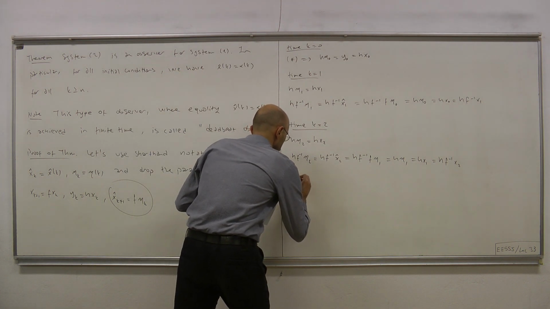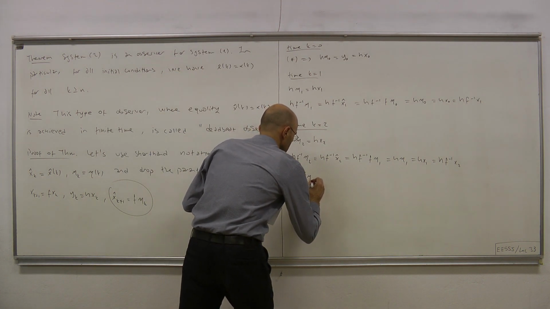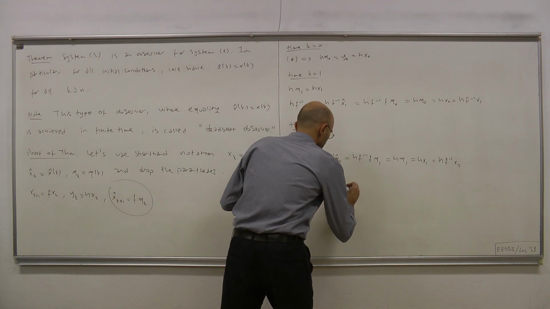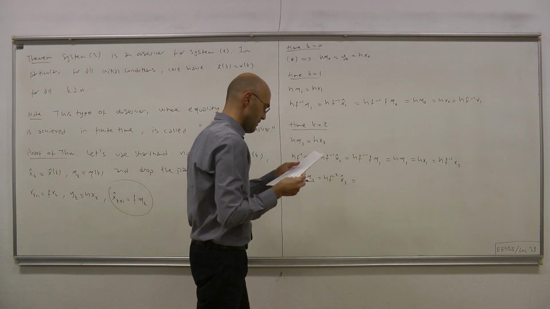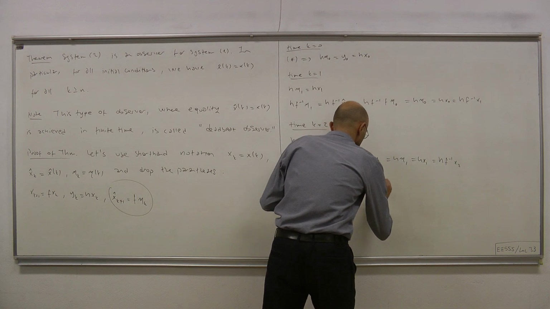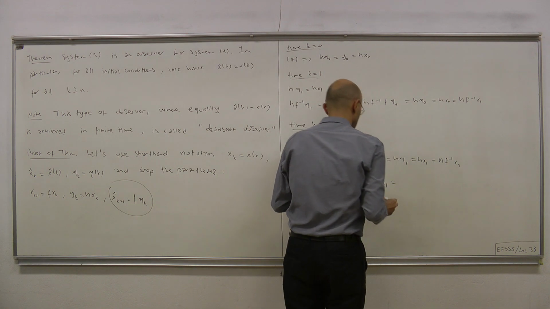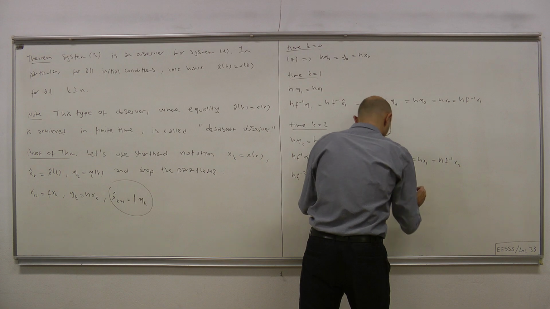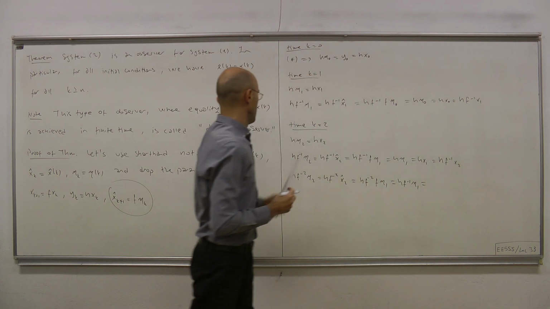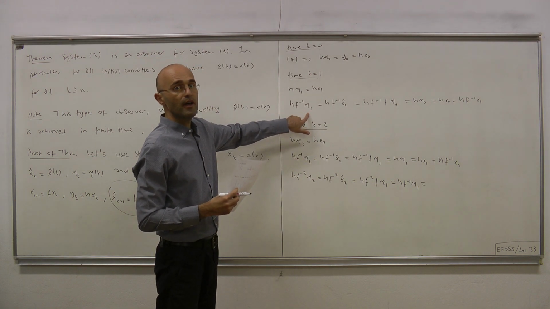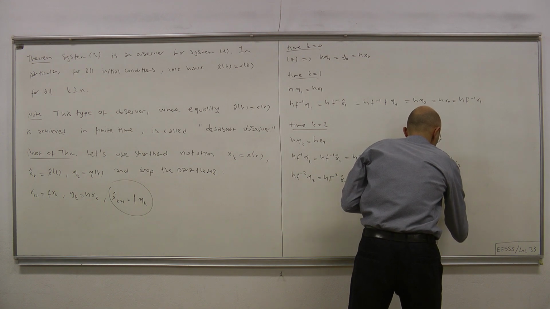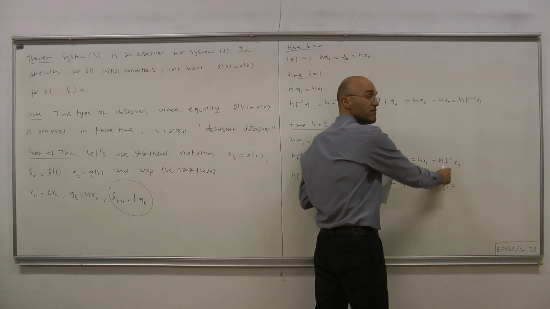Then h f double inverse eta 2 equals h f double inverse x2 hat. And that equals h f double inverse f of eta 1, and that's h f inverse eta 1, and h f inverse eta 1 is h f inverse x1, and x1 is f inverse x2.